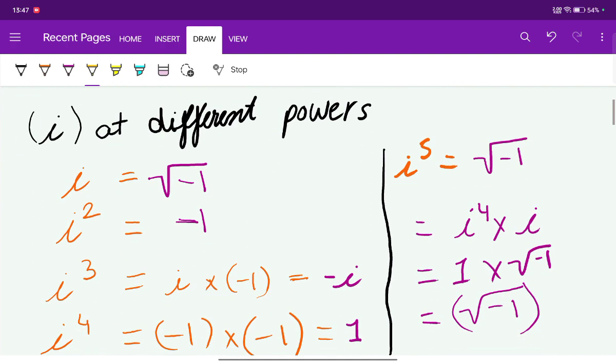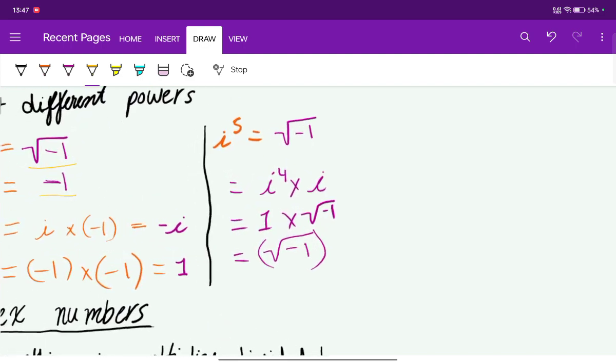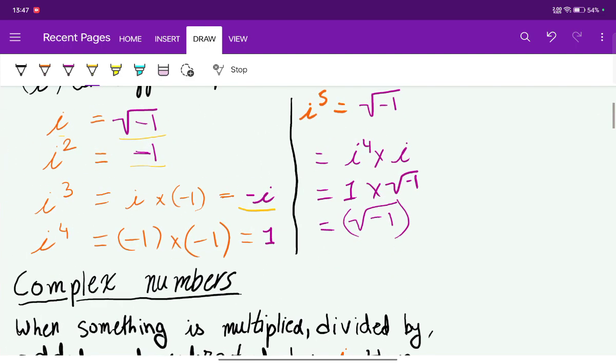Then we put i at different powers. So i to the power 1 is square root of -1. i square is equal to -1. i cube is equal to i into -1, which is equal to -i, and i to the power 4 is equal to -1 into -1, which is 1.